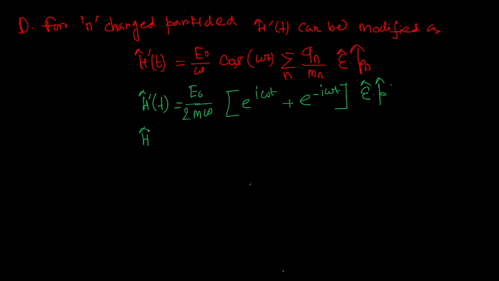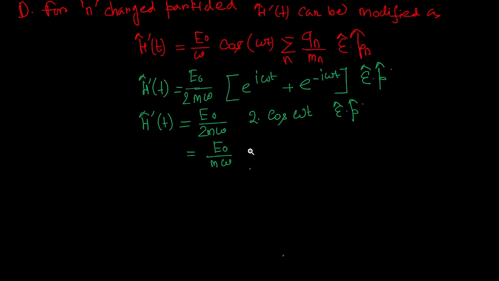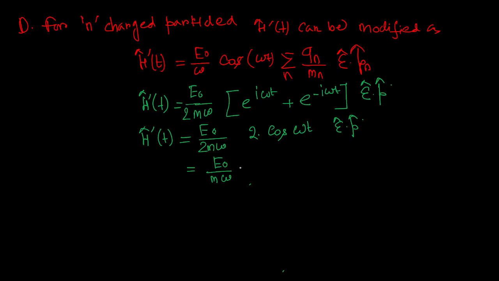Now it can be written as 2 cos omega t. So the total will be E0 m omega cos omega t.